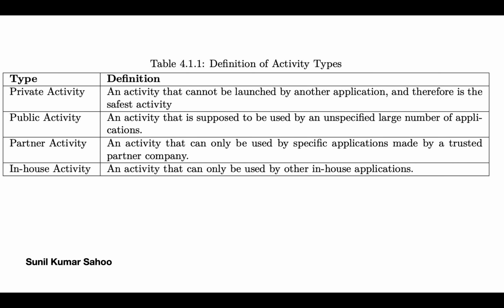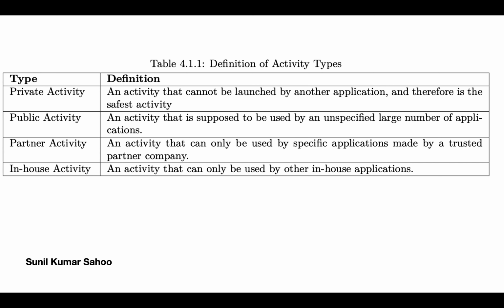Then partner activity. Partner activity is an activity which can only be used by some specific applications made by our trusted partner companies. We can say it is one type of restricted public activity where our activity can be used by X and Y trusted partner companies.